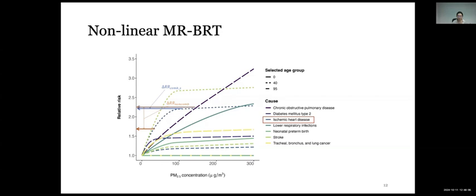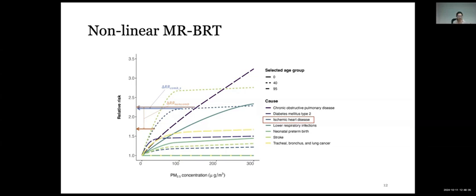This illustrates the basic pattern of how the relative risk changes in response to changes in PM concentrations. We can also see from this figure that the shape of the exposure response functions varies across different age groups and different causes of disease.